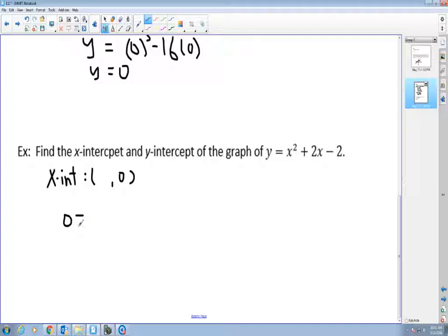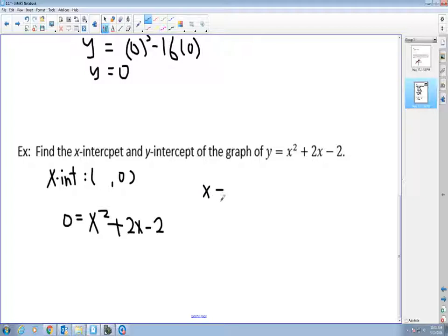So 0 equals x squared plus 2x minus 2. Since this is a quadratic equation, I do not believe I can actually factor this. So we will have to use the quadratic formula.